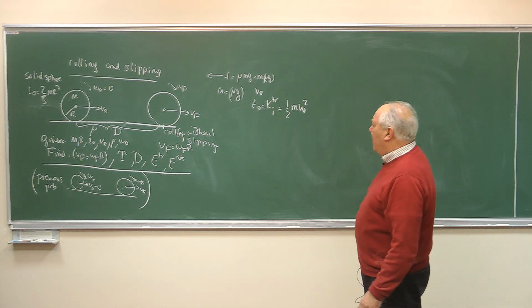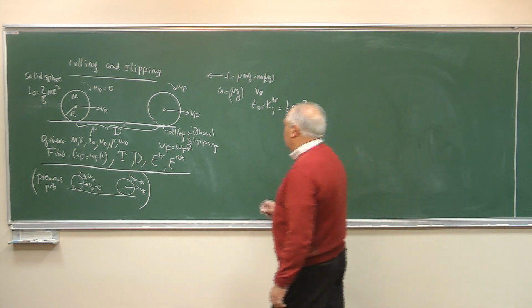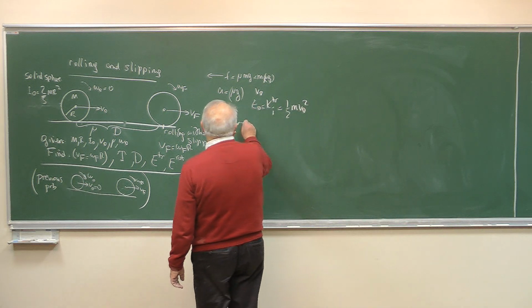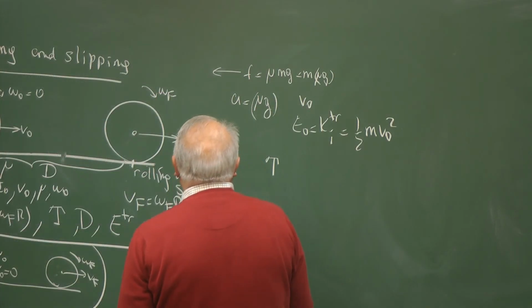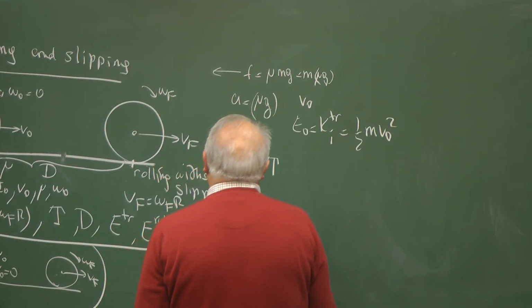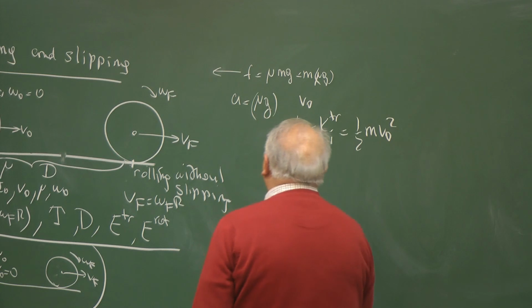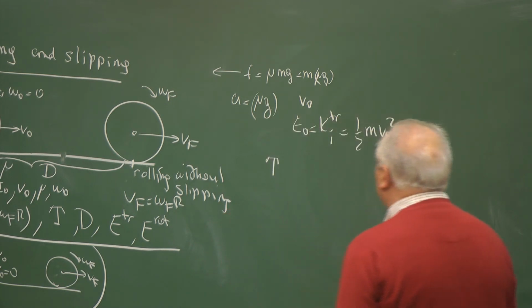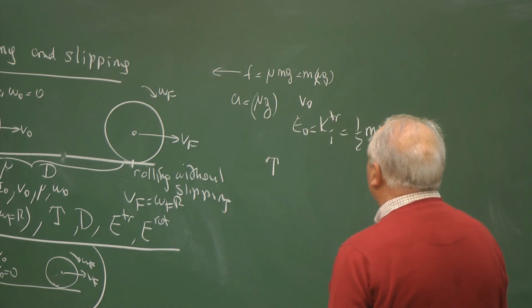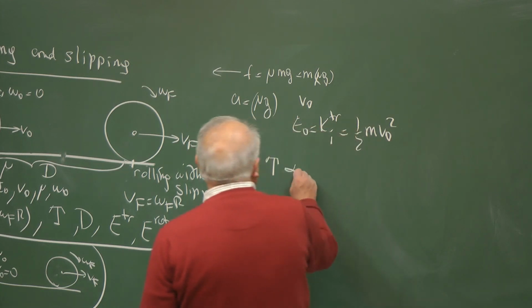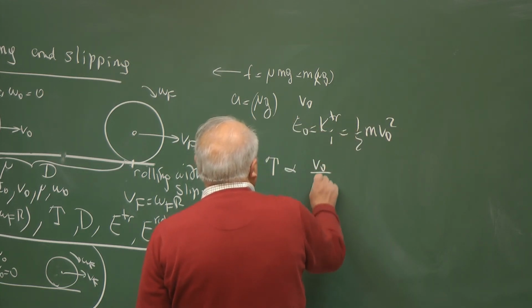Okay. Time. So the time parameter here: v0 is length over time, so it goes as v0 over mu g.